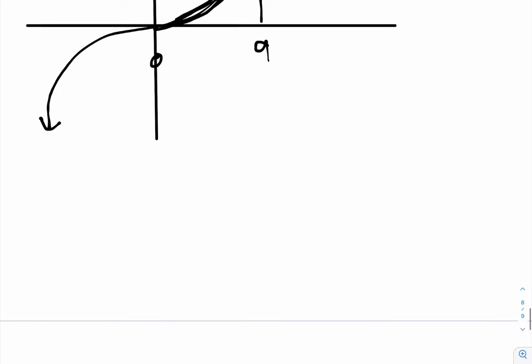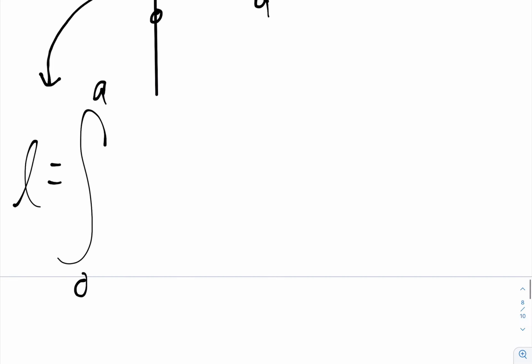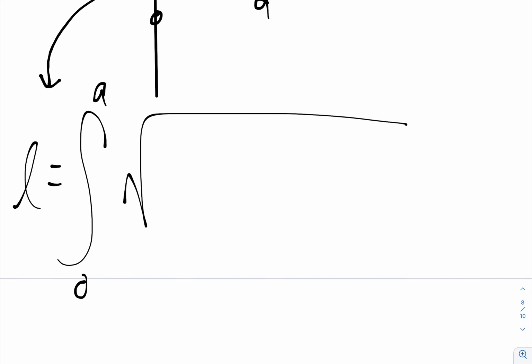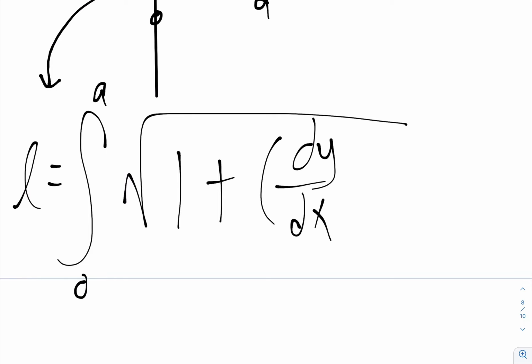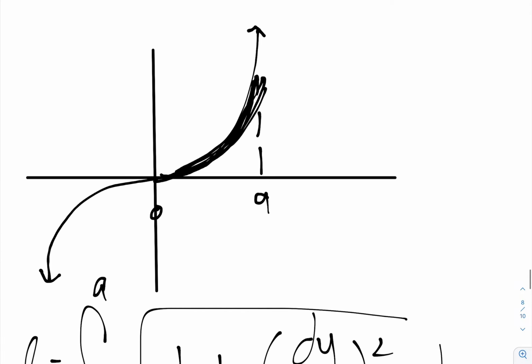Well, we just use our formula. We know that R or L is going to be the integral, our bounds, right, are 0 to A. That's what we're looking at. So if we were to cut a string and lay it across the plane from 0 to A, how long would that string have to be? So that's going to be the square root of 1 plus dy by dx squared dx. Okay, well, our function y was just y equals x cubed, right?